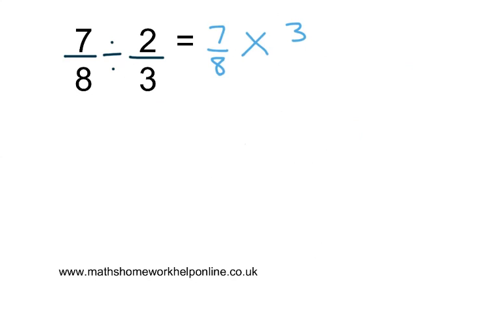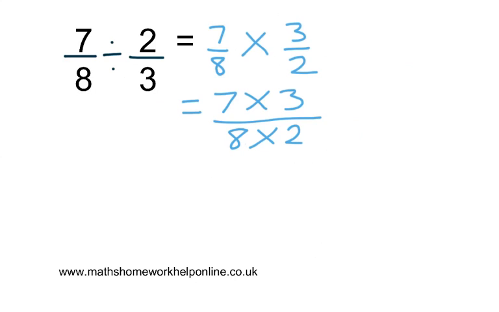I like to call this keep, change and flip. Then all we do is multiply like we did in the previous examples. So we would do 7 times 3 over 8 times 2. That is equal to 21 over 16.